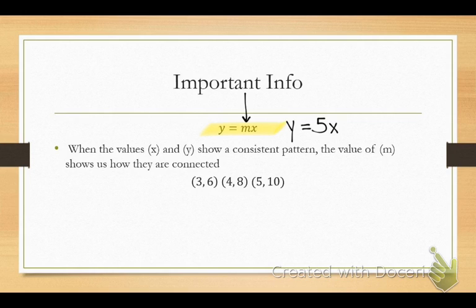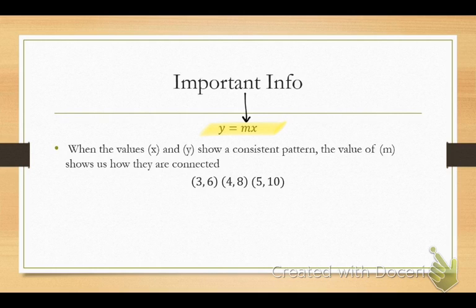So the m value tells me what I'm doing to x to get to y. It's what I call my rate of change. That's what I'm trying to figure out. I'm going to be given ordered pairs or even points on a graph, and I need to figure out what that rate of change is. What value is being multiplied or divided by x to get to my y.